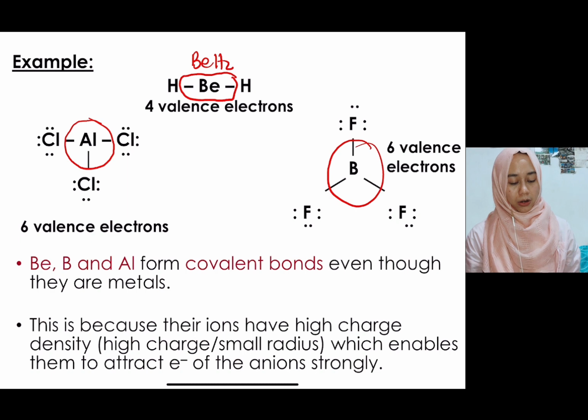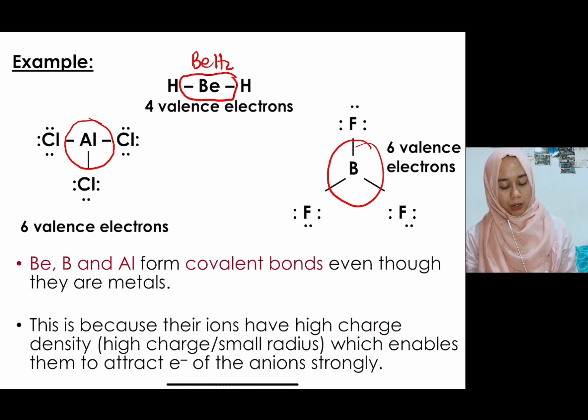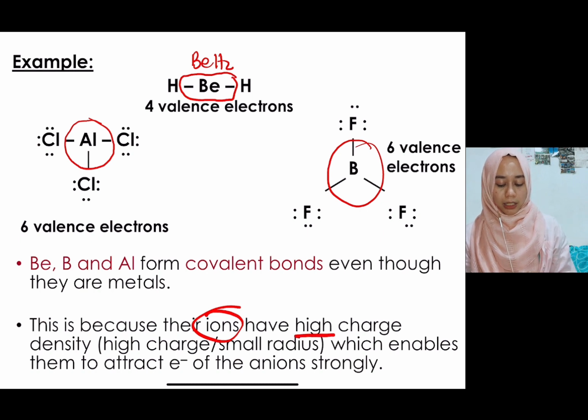Okay, so why also? Because the ions for Al, Be and B have a really high charge.